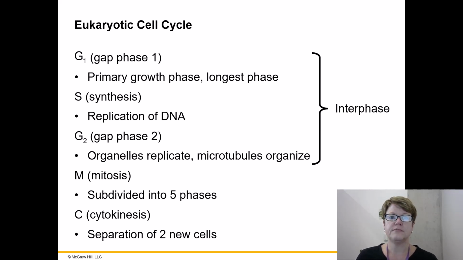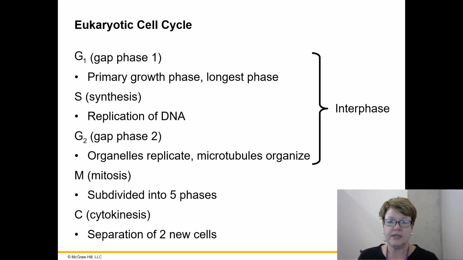The general cell cycle has four main phases: G1, S, G2, and M. Cytokinesis is sometimes considered another phase, or it's one of the subphases of M phase. Here it's listed as the last event, so I'm not going to get picky about that.